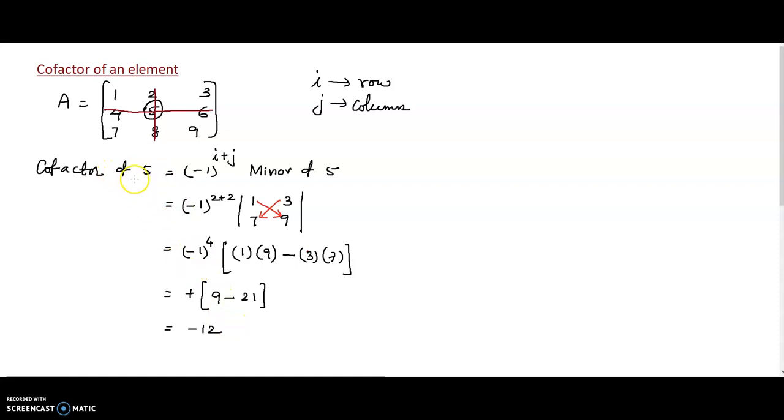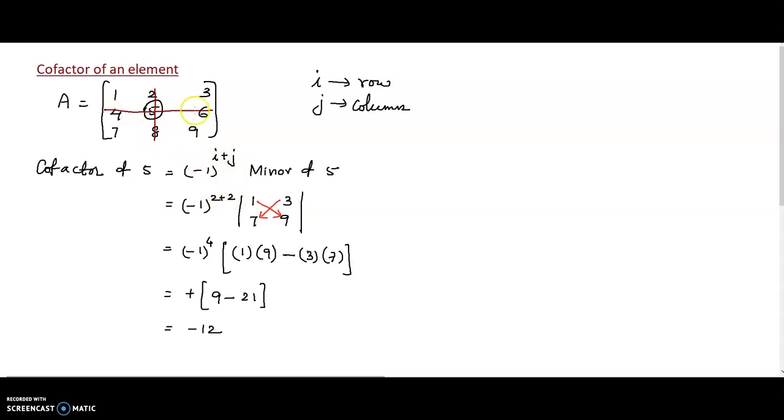Cofactor is nothing but we need to find the minor and multiply the minor with minus 1 power i plus j. i stands for row and j stands for column where that element is present. Here we are trying to find the cofactor of 5. So 5 is present in the second row and in the second column. So i is the second row, j is also the second column, 2 plus 2.